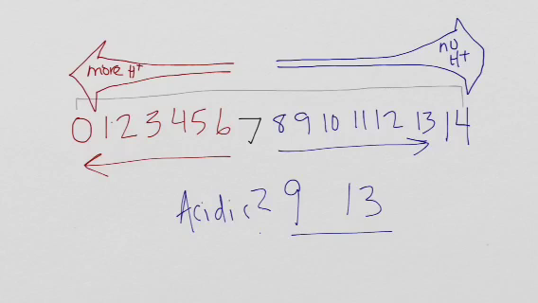Even though both of these are considered to be bases, which one is closer to the acids? The substance with a pH of 9 is going to be, in theory, more acidic than a substance with a pH of 13. Because if you're going to be as basic as possible, you want to get as far away from 7 as possible. You want to be the higher number.